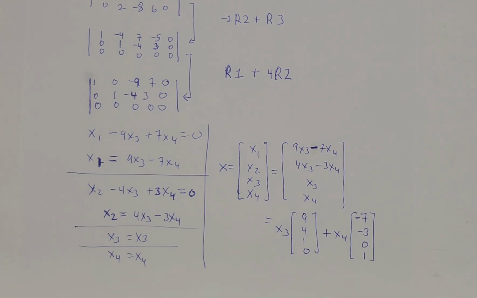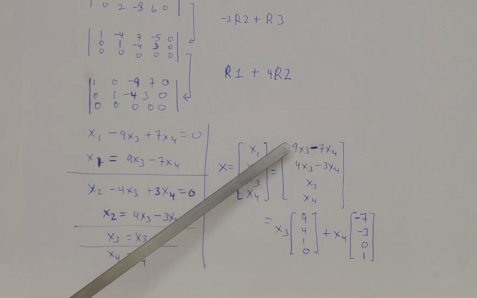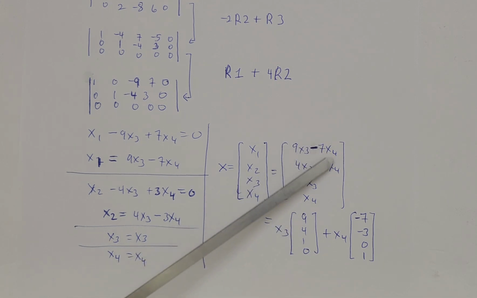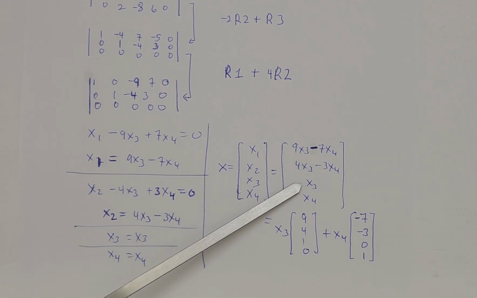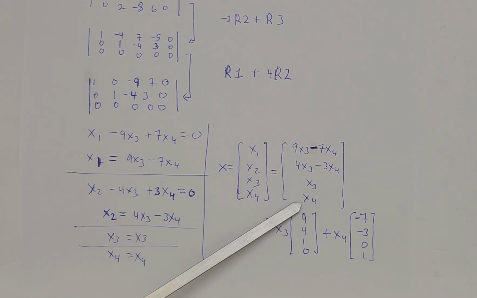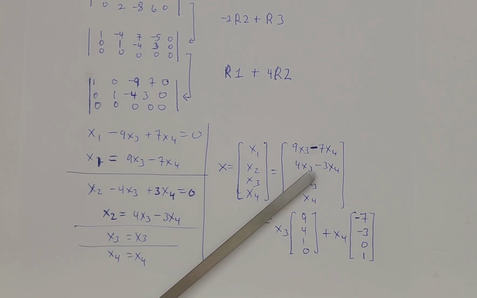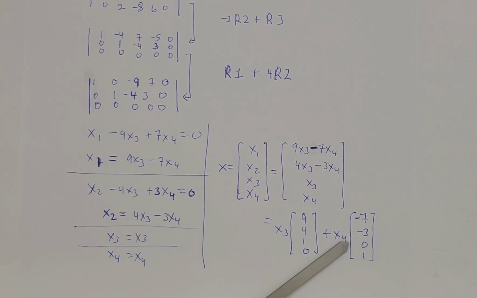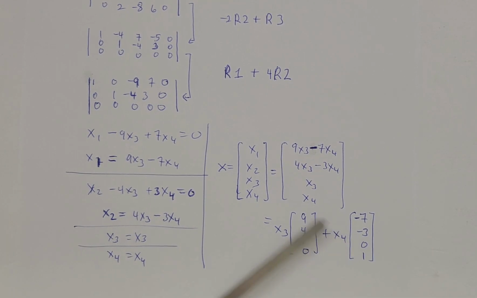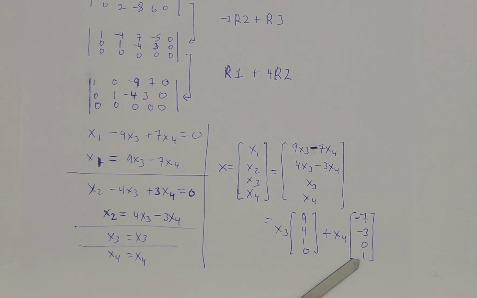Next, we want to separate all the variable 3's and all the variable 4's. Variable 3 is 9, 4, and 1. There's nothing for 4, so 0. Next, variable 4, I have negative 7, negative 3, which is here. I have nothing for here, so 0, but I do have for x4, which is 1.